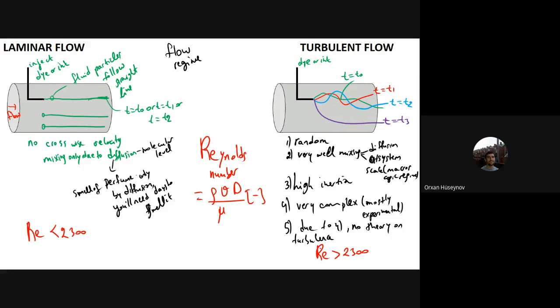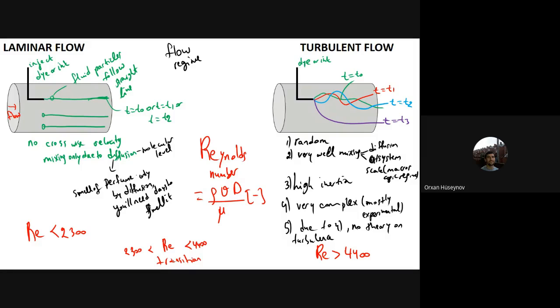But in reality, it is not 2300, but it is 4400. These are approximate values, because between 2300 and 4400, you have the transition regime.